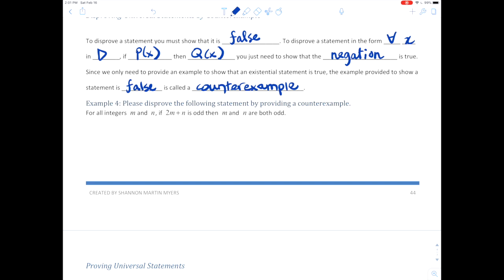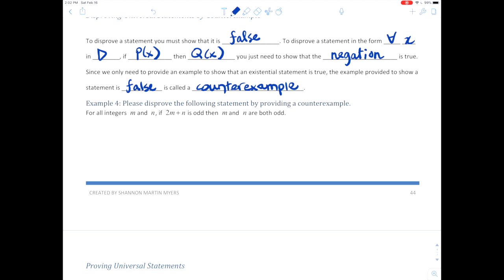For all integers m and n, if 2 times m plus n is odd, then m and n are both odd. All right. Well, this is basically saying for any m and n that has an odd sum, then each of those summands, the terms, has to be odd. Okay?